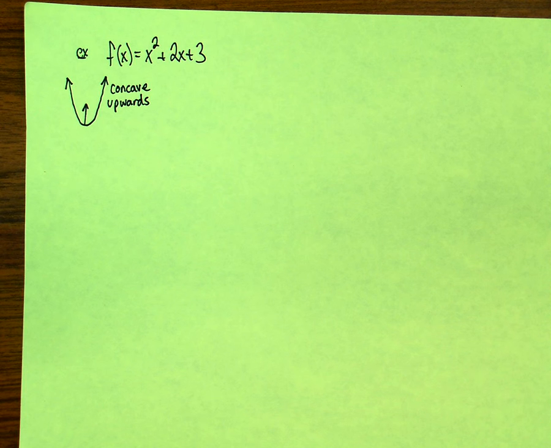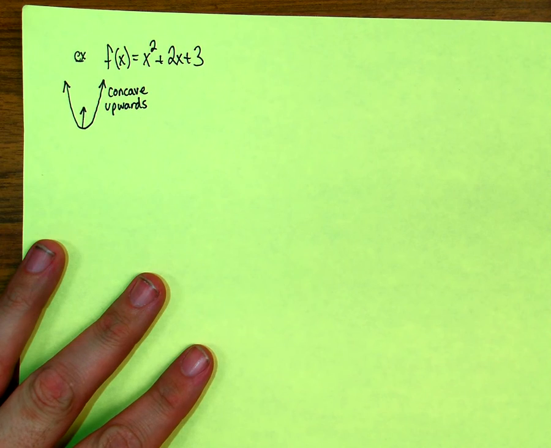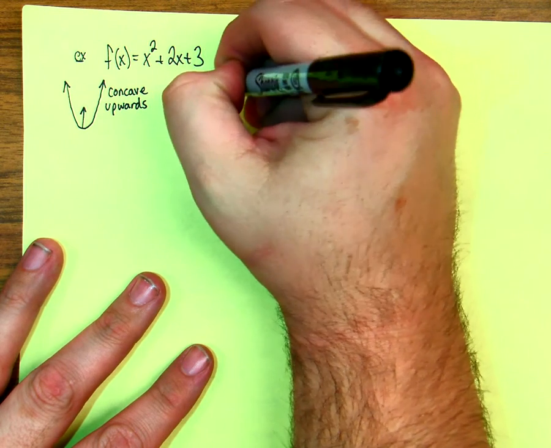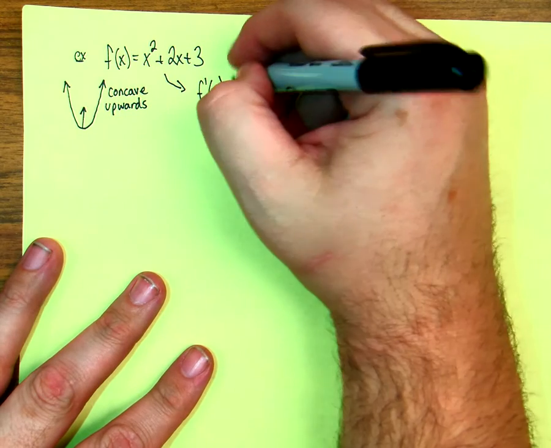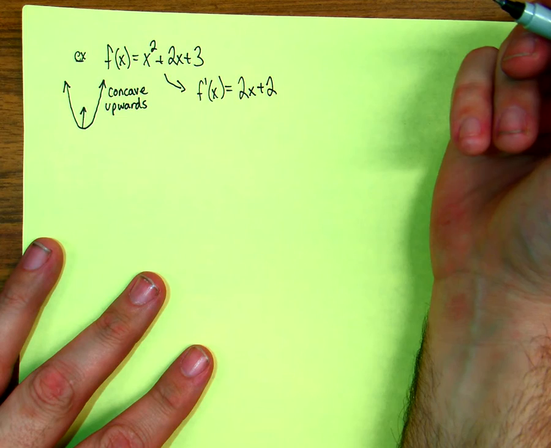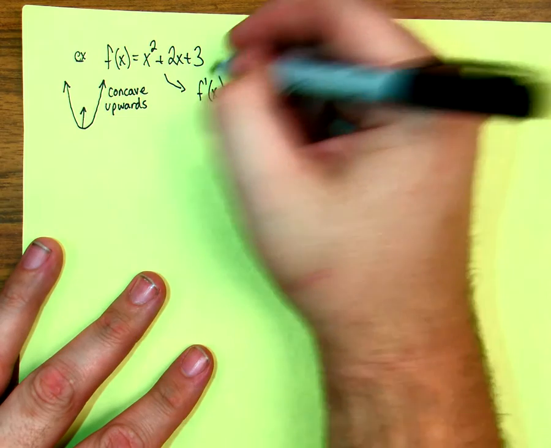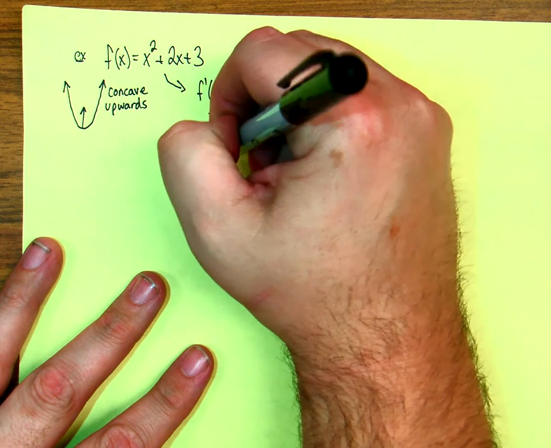Now, in order to figure this out, take f prime of x. We need that first. Do you believe it's x squared plus 2? Or yeah, 2x plus 2. And I need f double prime of x, which is 2. Now, this is greater than 0.